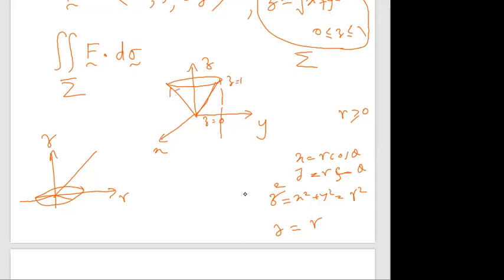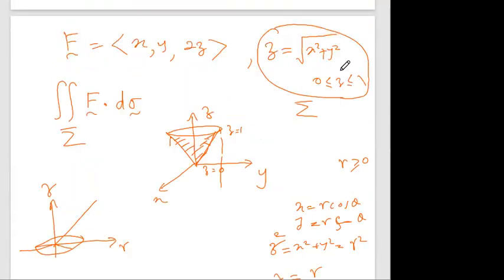So you get this surface, the curvy surface of the cone. We don't consider the top one. We only consider this curvy surface of the cone. That is your surface.